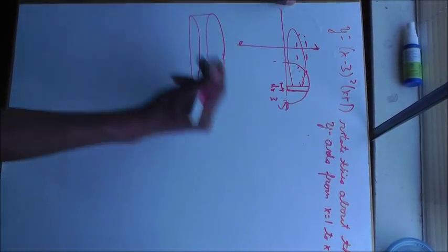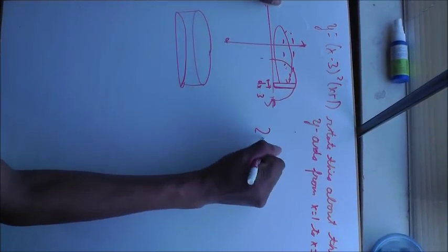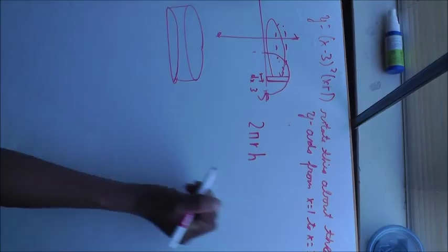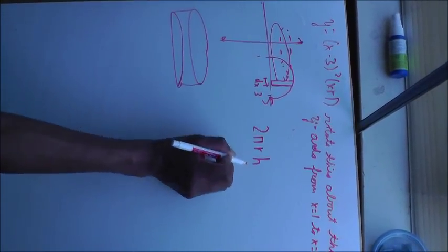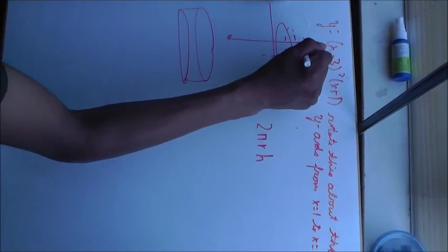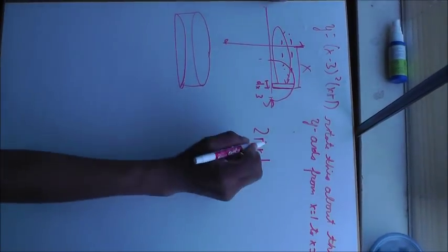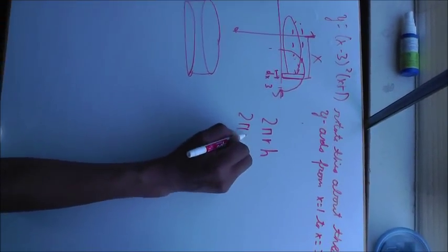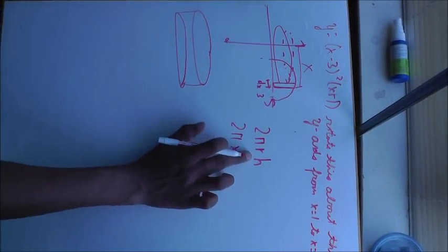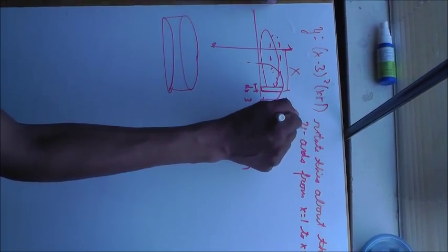As we all know, the lateral surface area of a cylinder is 2 pi r h. Now we have to substitute these variables with things we know about the function. The radius is just this distance x from the y-axis, so we can substitute r with x, and h is just this distance f of x.